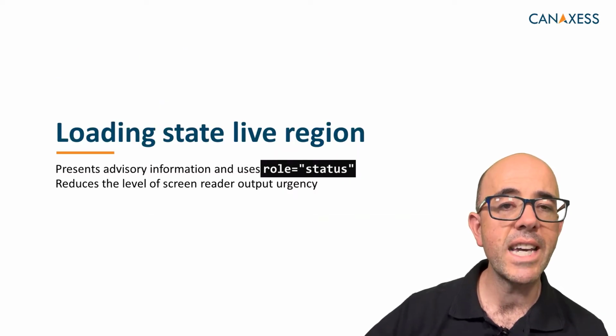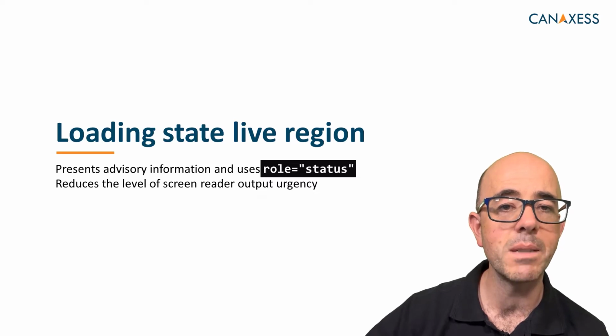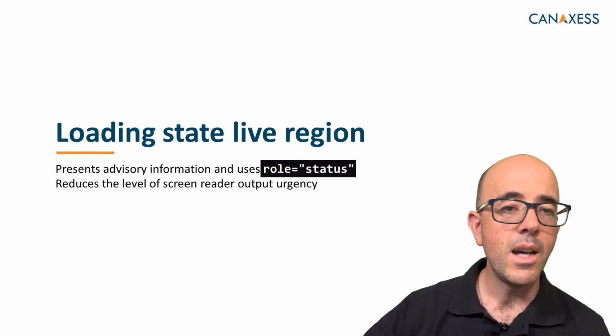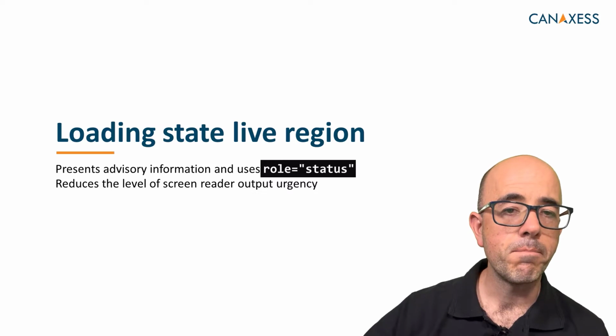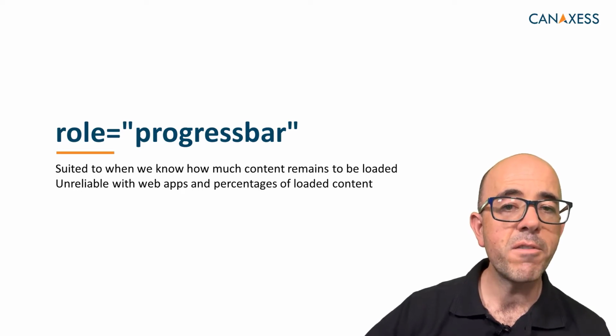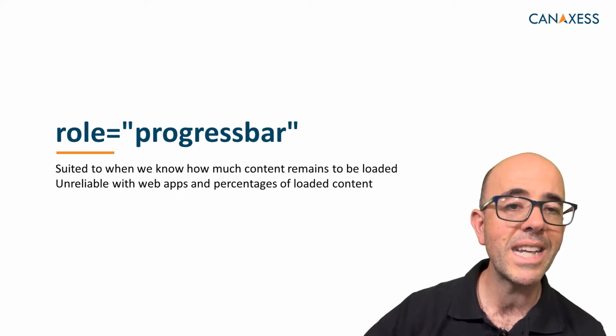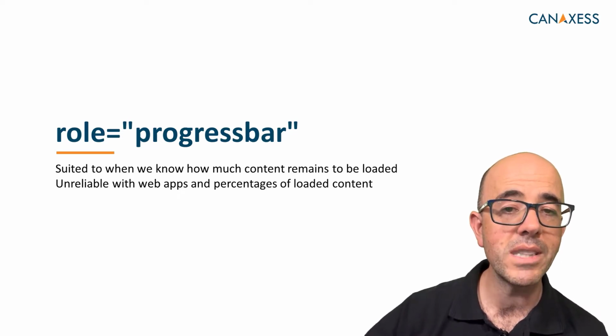Conveying a loading state is presenting advisory information, and so a role equals status is chosen to reduce the level of urgency the text is outputted by the screen reader. But why not use progress bar? Progress bar is more suited to when we know how much of the content remains to be loaded and can update accordingly. If you're familiar with app progress bars, you've seen the 1 minute remaining indicators, which often aren't particularly helpful and jump around.